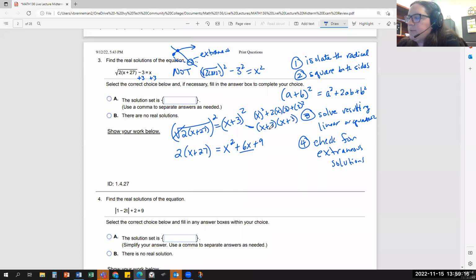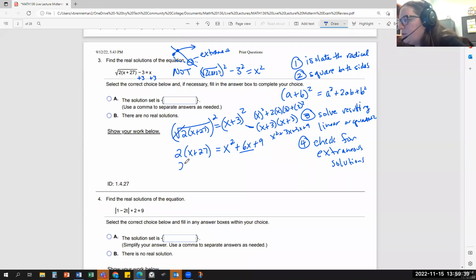So x plus 3 times x plus 3, FOIL that out, and you get x squared plus 3x plus 3x plus 9. Have some sort of process where you're correctly squaring the binomial. That's the most likely error. If you correctly isolate the radical and then get something wrong along the way, probably you didn't square the binomial correctly.